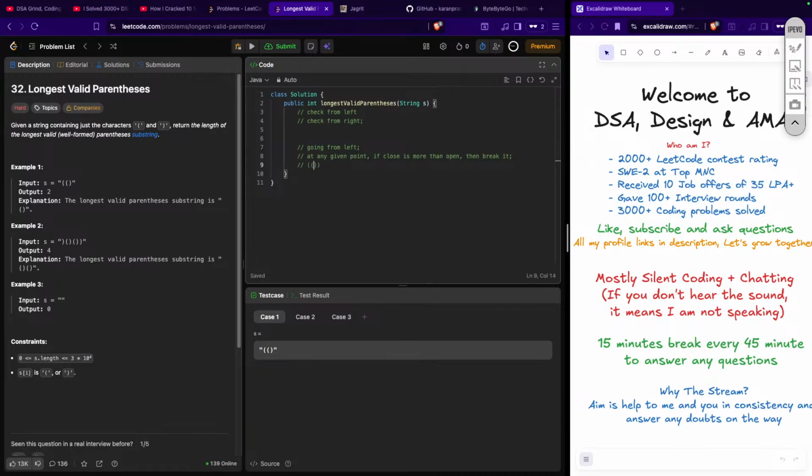So for this, what I'm thinking is that if I start from here, then this is 0, then open is 1, right? Then I take this open, it becomes 2.